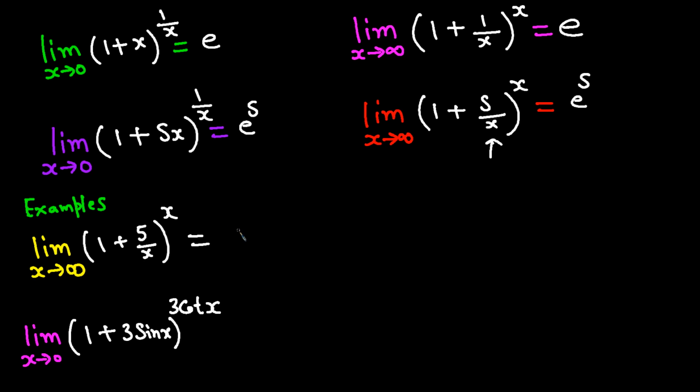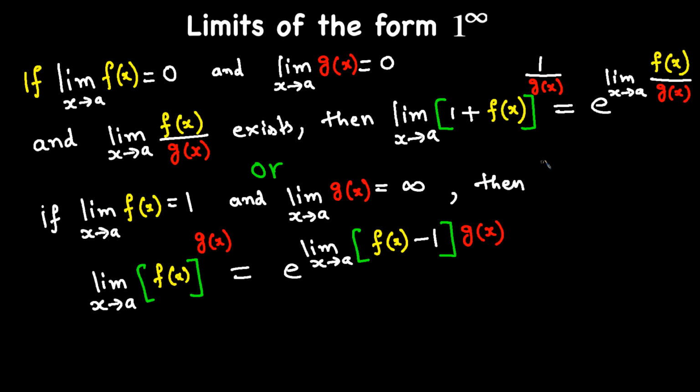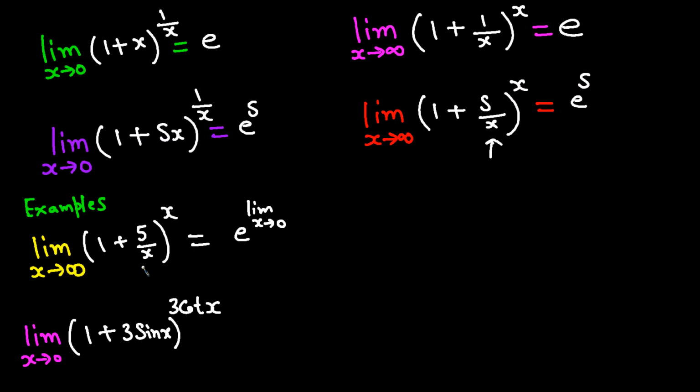So according to that formula, the limit of this function is basically equal to exponential of the limit as x approaches infinity, and if I go back, this is my f(x) over here. So in this example, my f(x) is 5 over x. So I'm going to write 5 over x times this x.